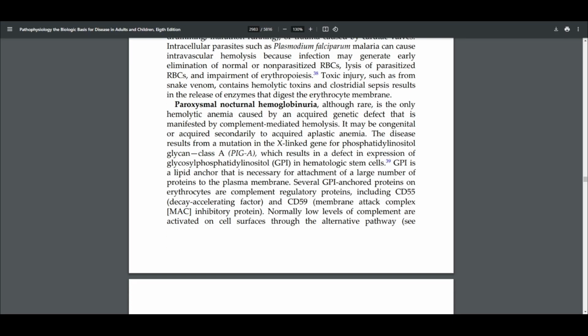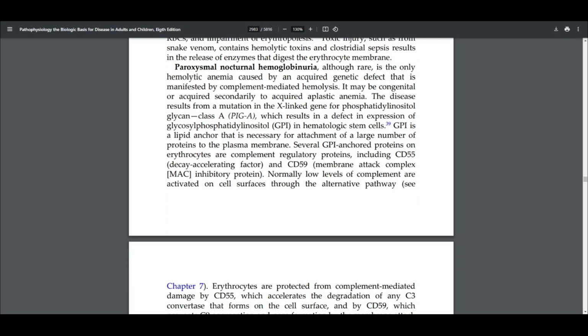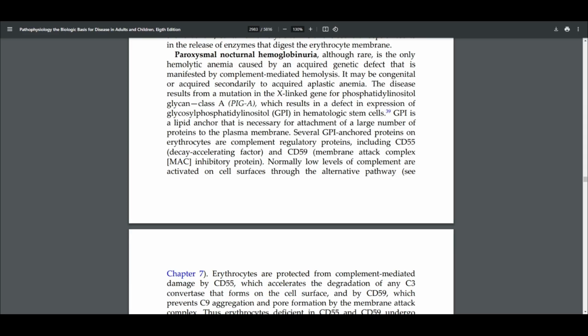Paroxysmal nocturnal hemoglobinuria, although rare, is the only hemolytic anemia caused by an acquired genetic defect that is manifested by complement-mediated hemolysis. It may be congenital or acquired secondarily to acquired aplastic anemia.